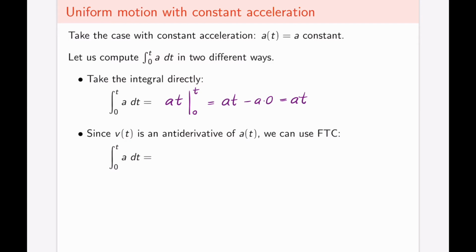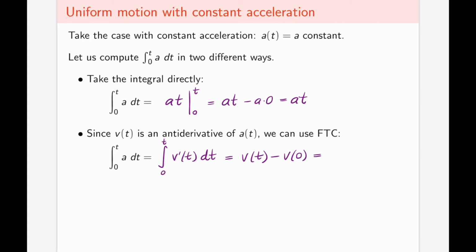And on the other hand, I note that acceleration is the derivative of the velocity, which means that I can rewrite this integral in terms of the velocity, and then applying the fundamental theorem of calculus, integral and derivative cancel each other's actions. I get the velocity by itself to be computed at the endpoints of my interval. So v of t minus v of 0.